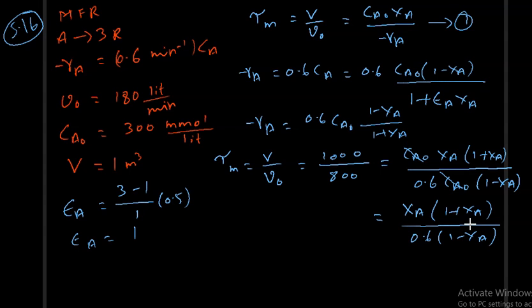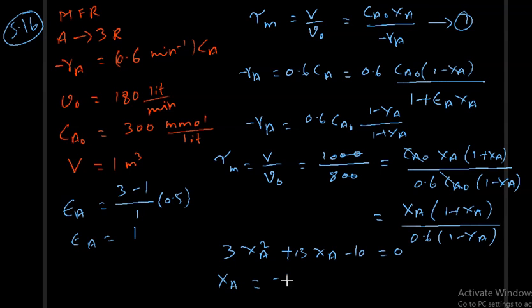If we solve this equation, we will be getting 3 XA square plus 13 XA minus 10 is equal to 0. Right? So tau m value we already know, 1000 divided by 800. So you can solve this equation, and we solve this for XA.